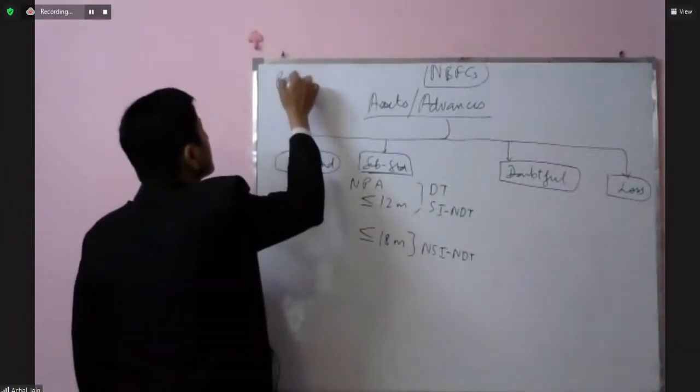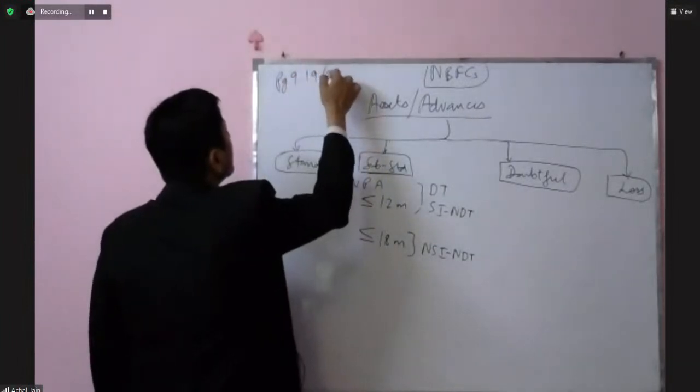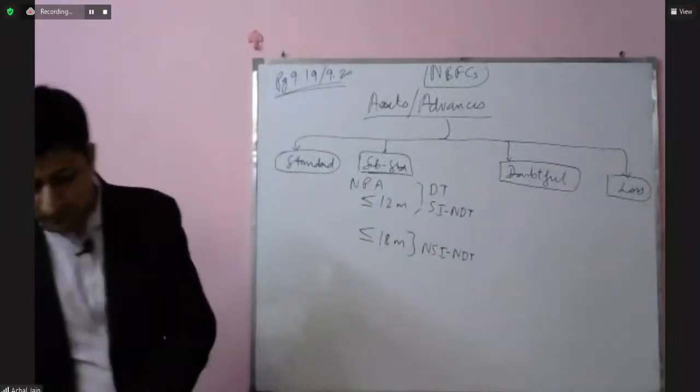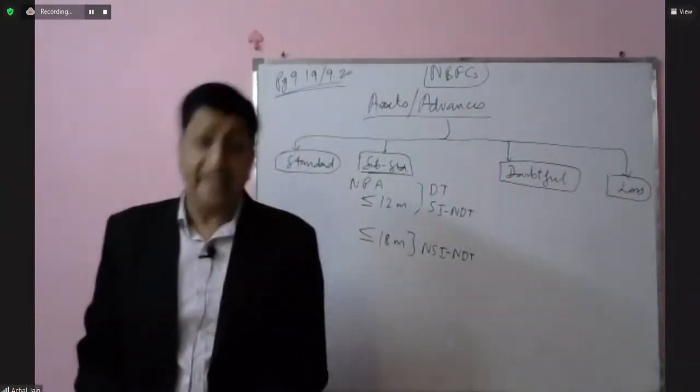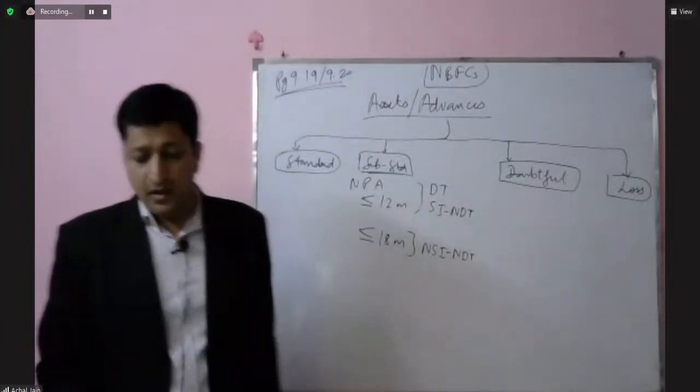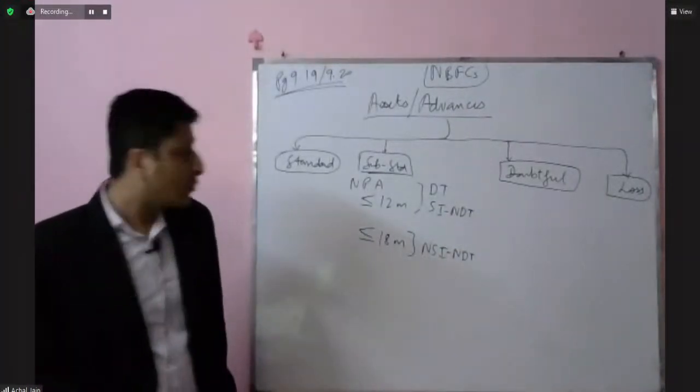All of these things you can check on page number 9.19, 9.20 and so on. Hire purchase asset or any other asset which remains substandard for a period exceeding 12 months.